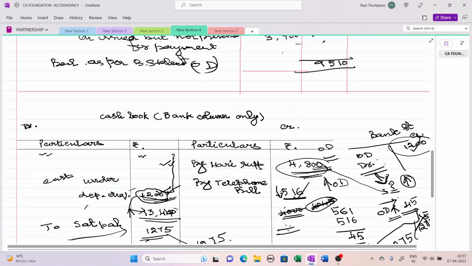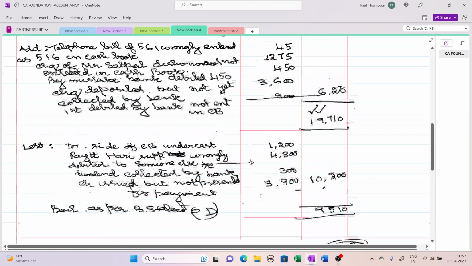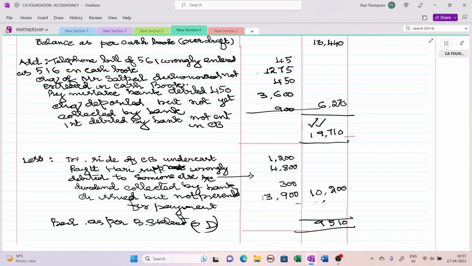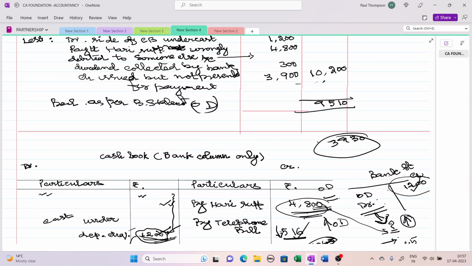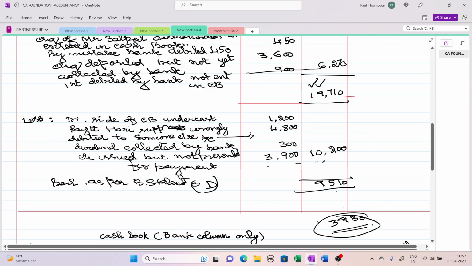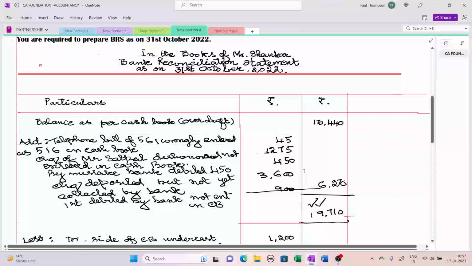I'll write here 3,930. This difference should appear either plus or minus. Here the plus is 6,270, minus is 10,200. 3,930. Okay, so there is some item they have missed, so what we have done is correct.